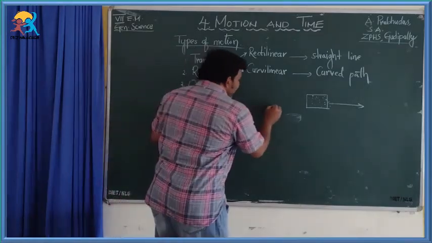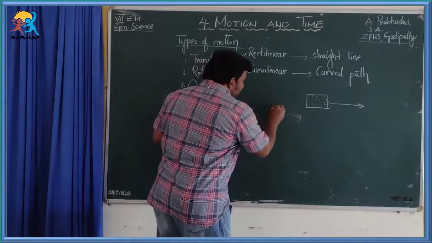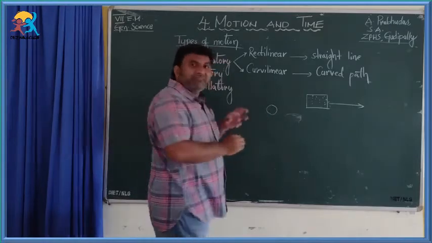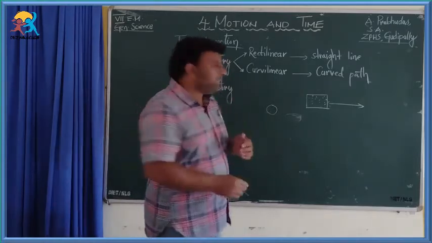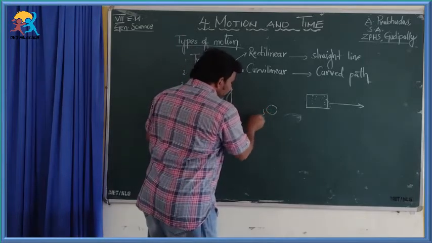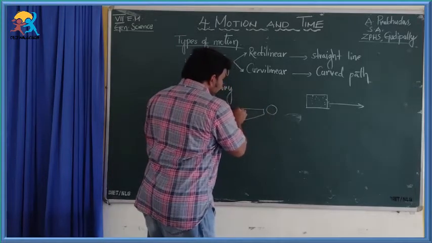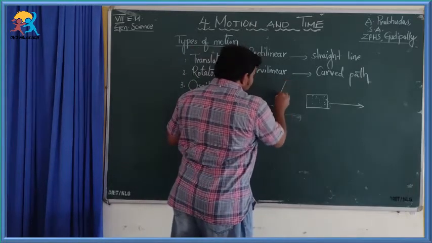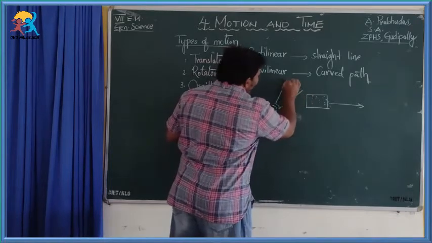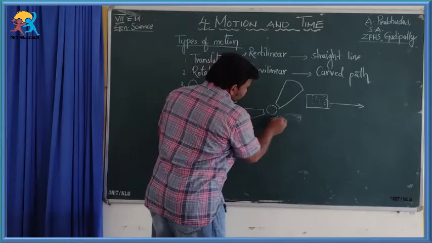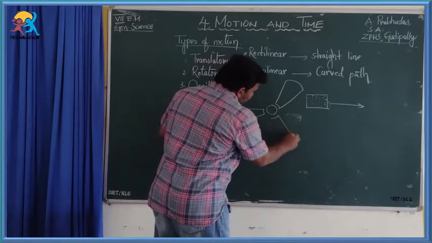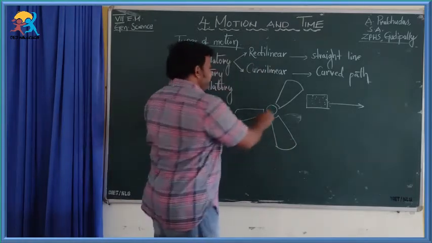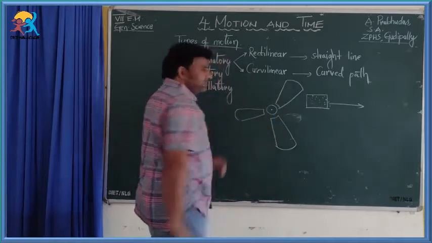For example, if you draw a diagram of a ceiling fan, you know it has 3 blades. So, when the ceiling fan rotates, the 3 blades also keep rotating around a central fixed point. The central fixed point is also called the axis of rotation. For example, the axis of rotation would be here.